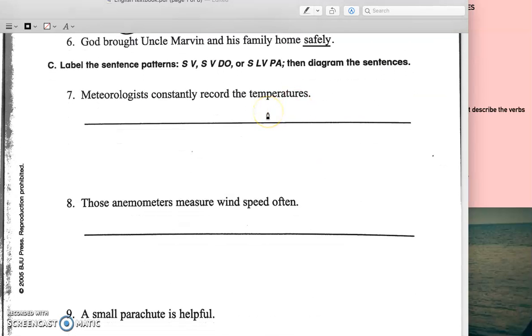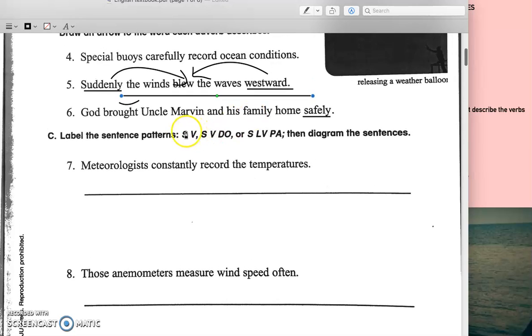Okay, C, label the sentence patterns: subject verb, subject verb direct object, or subject linking verb predicate adjective, then diagram the sentences. So this is just review. Let's try number 7. Meteorologists constantly, which means always, record the temperatures.